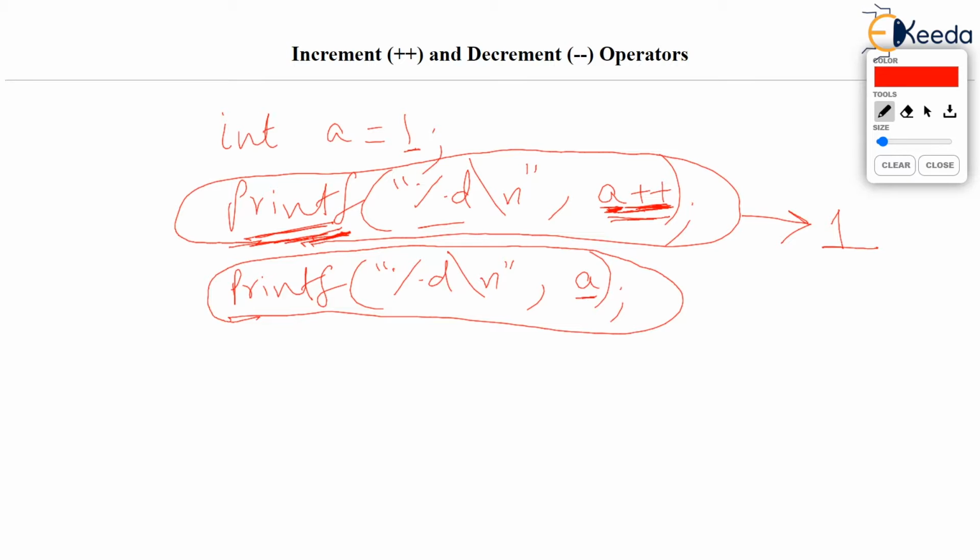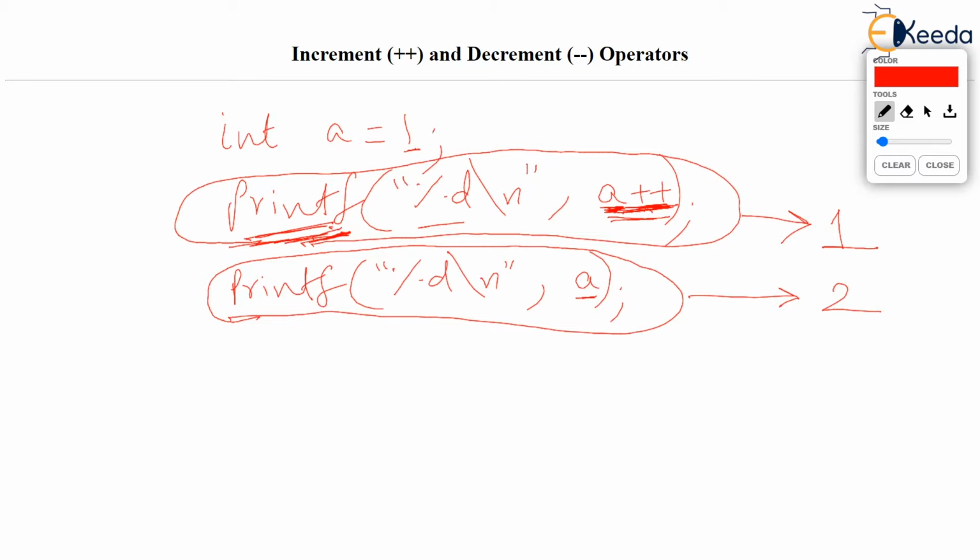So the output of this line is going to be 2. Come again. If you ask printf to print the value of variable followed by plus plus, that is post increment operator, then printf will print the value of the variable, and after printing the value of the variable, plus plus will be fixed. That means variable will be increased by 1 after printing old value of the variable.